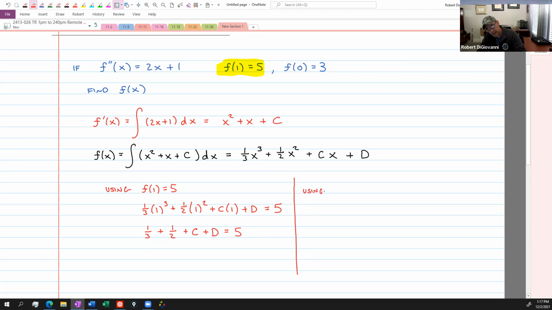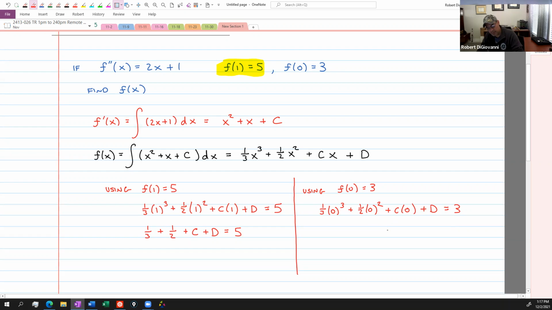Let's use the fact that we know that when we plug 0 in, we should get 3. So if we plug in 0 into this, we should get 3. And luckily for us, everything here goes away except D, right?